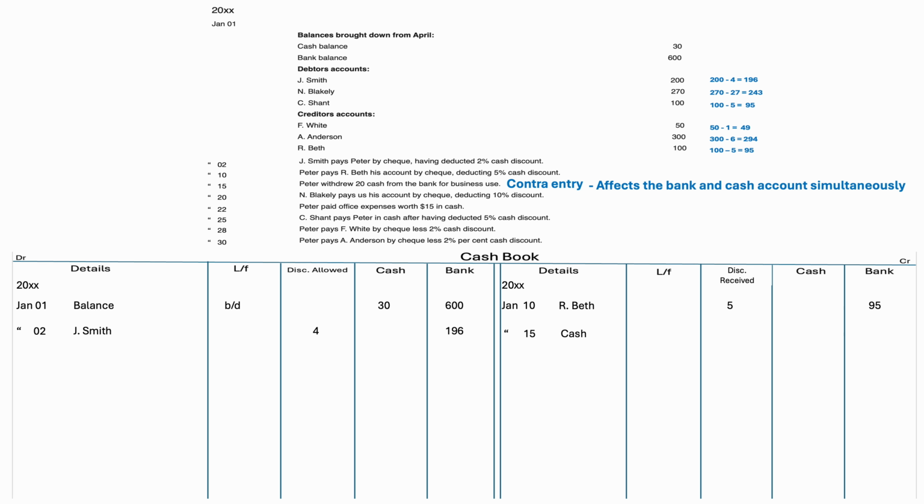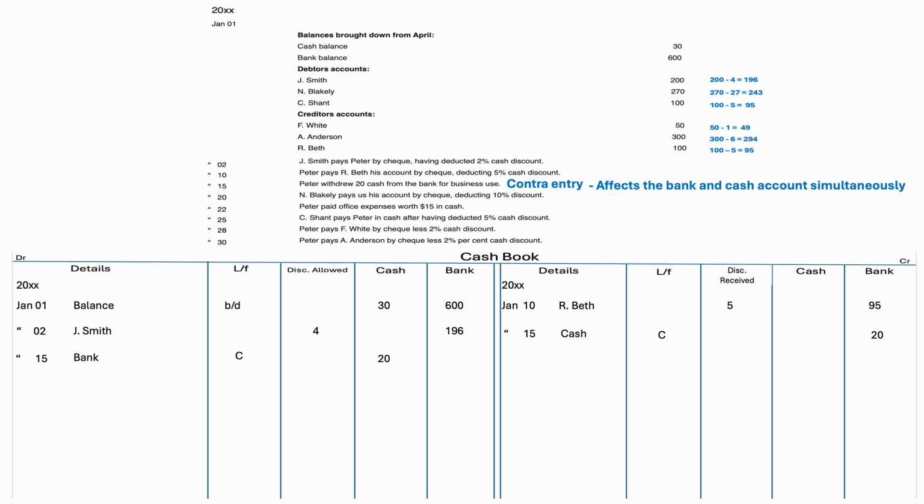In the ledger folio column, we put C to indicate that this is a contra entry. In the bank column, we put $20. On the debit side, we will put bank in the details column, C in the ledger folio column, and 20 in the cash column.